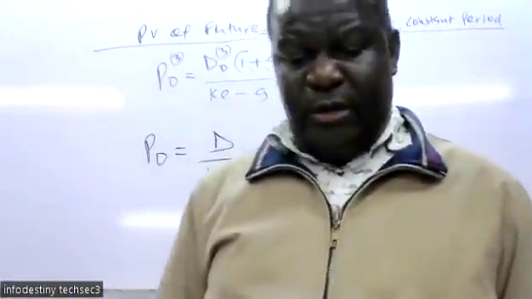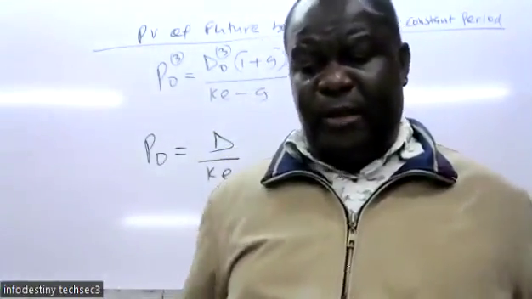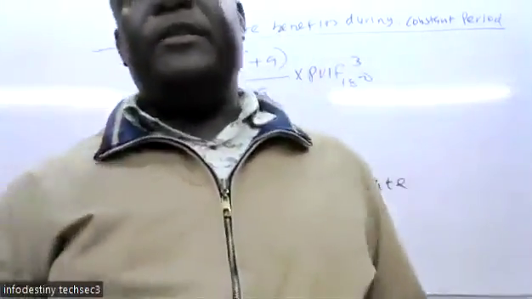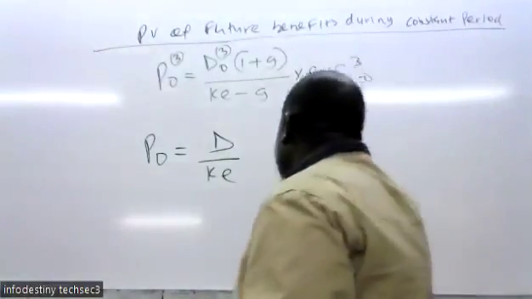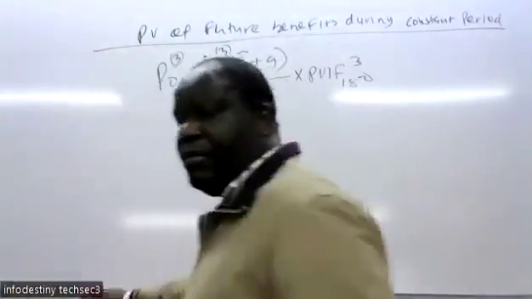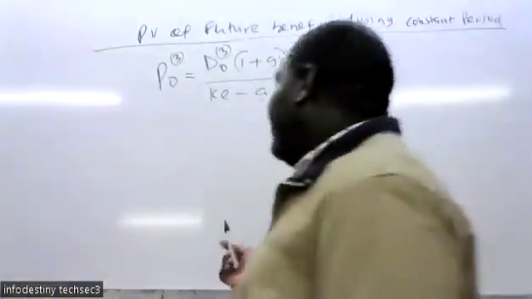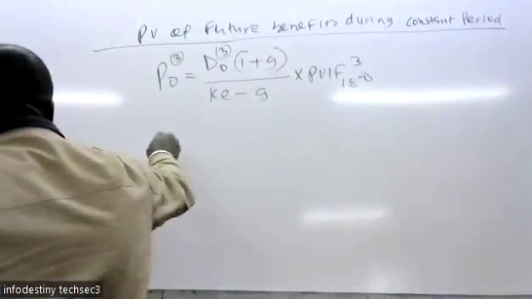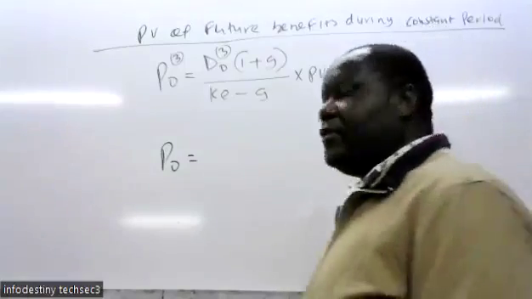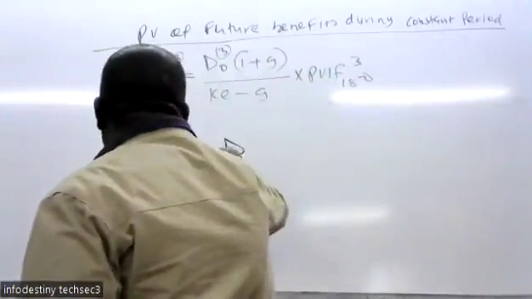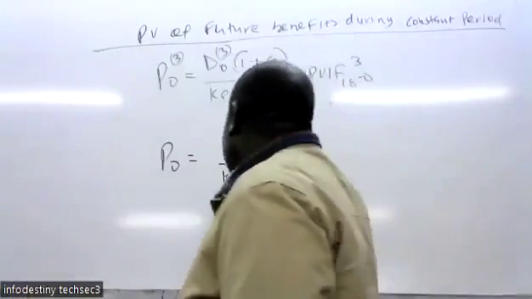Then we continue by writing that its theoretical value will be expressed as follows. So P0 will be equal to D divided by KB.